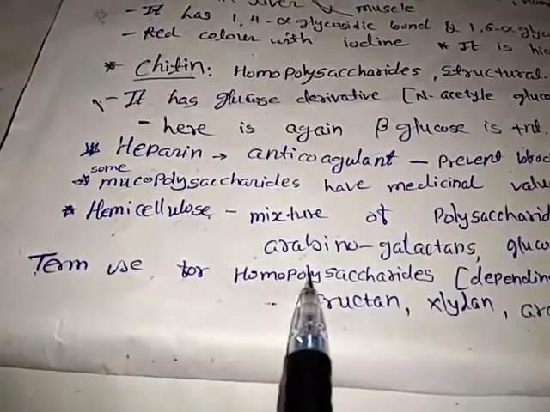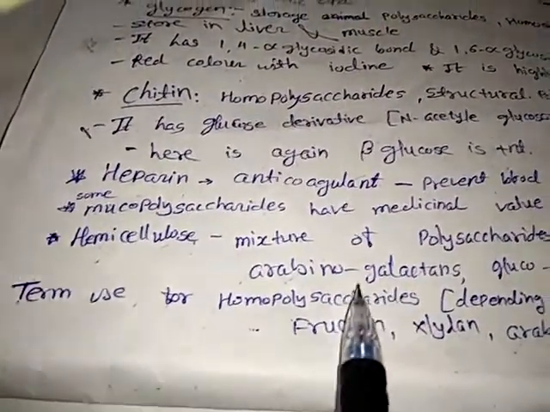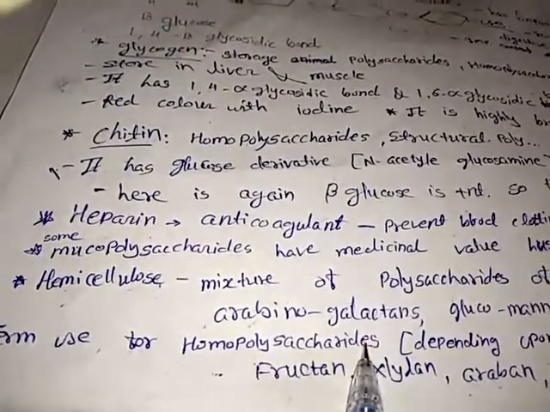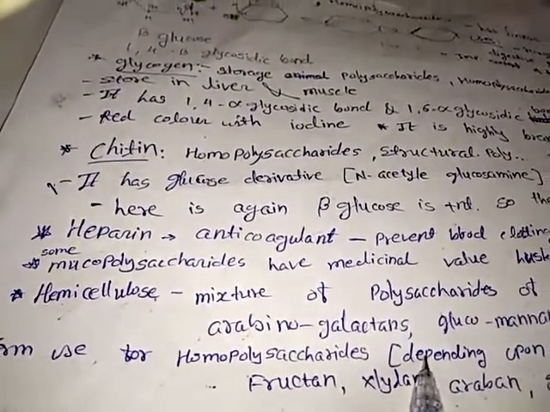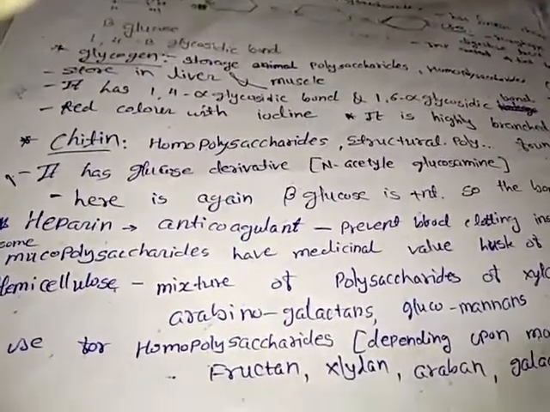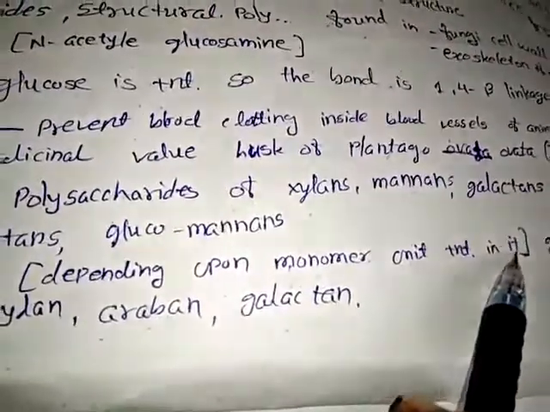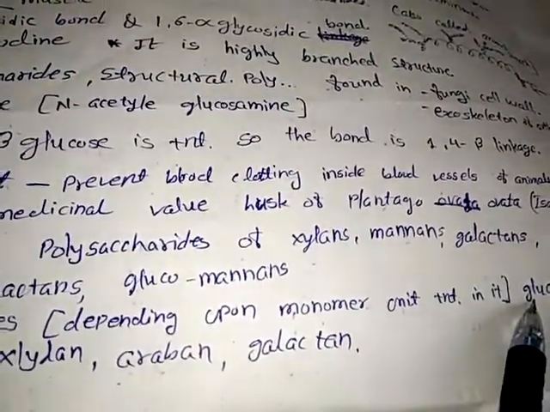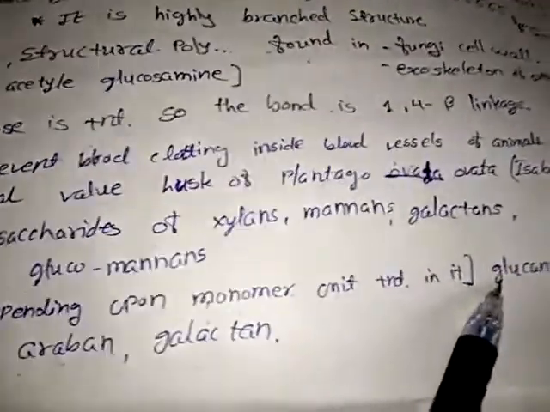The term used for homopolysaccharides means only a single monosaccharide is used to form a long chain. So depending upon the monomer units present in it, the name is given to the particular polysaccharide. The long chain of glucose is called glucan.